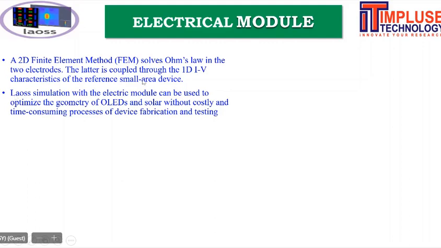Now this LAOSS simulation with the electrical module can be used to optimize the geometry, whether you are working on emissive devices or optical devices, without the costly or time-consuming process of device fabrication. Sometimes the geometry you created on top of the surface may reflect your light back into the environment.